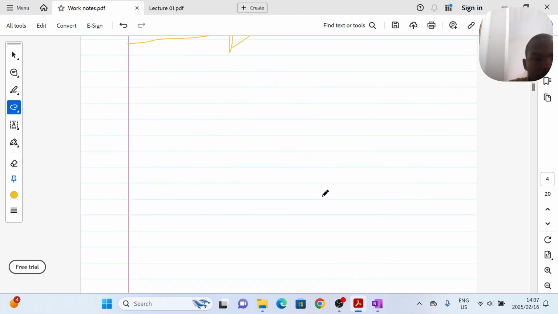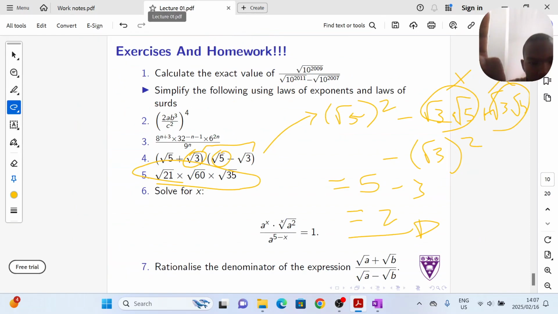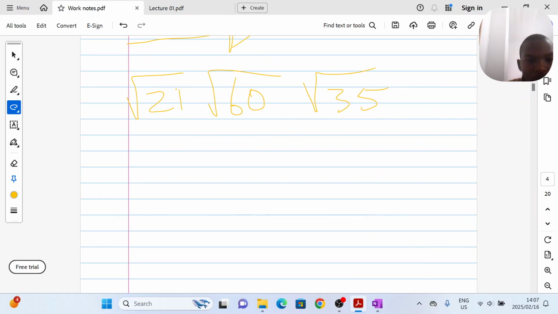So for that, you have a square root of 21 times the square root of 60 times the square root of 35. Let me double check. Okay, 21, 60, and 35. Now, what is square root of 21? Square root 21 is the same as the square root of 3 times 7.